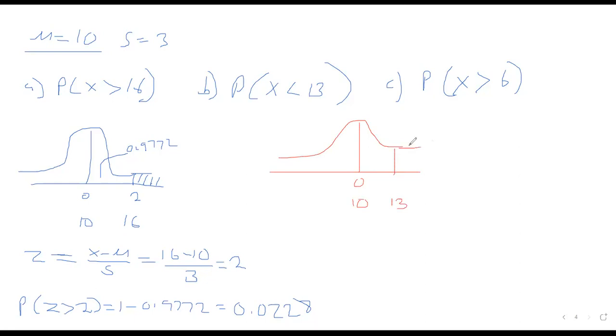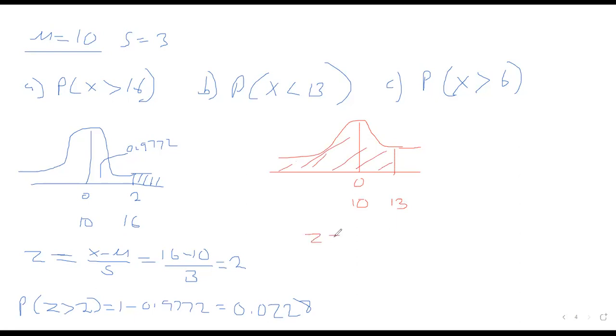Which side are we going to shade? On the left or on the right? On the left. You're saying X is less than 13, so we're going to shade it on the left, below 13. Correct.